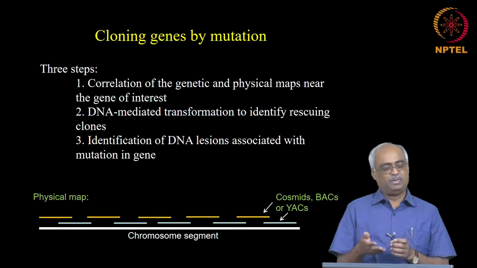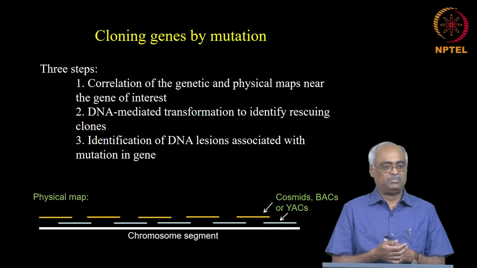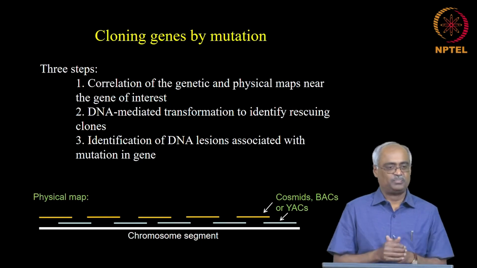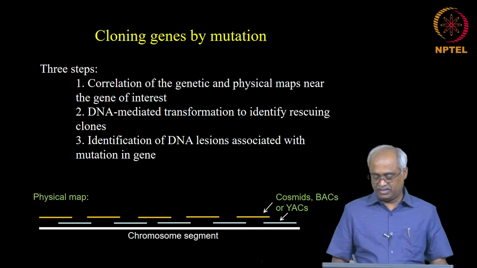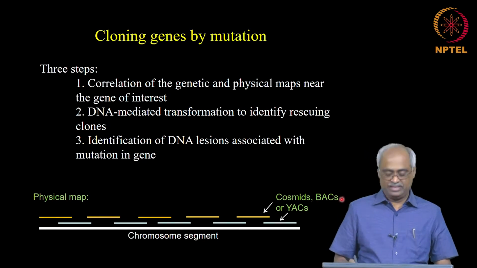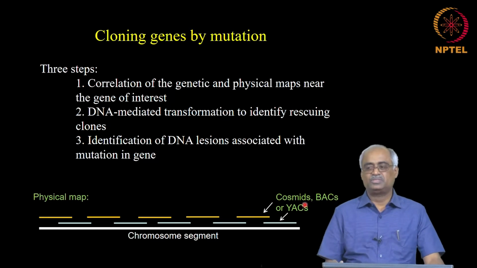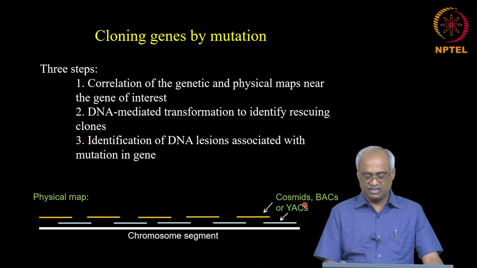So, the biggest insert you might clone is probably about 10 kb to 12 kb, that size. But there are vectors called bacterial artificial chromosomes, yeast artificial chromosomes, and then even earlier than this cosmids.